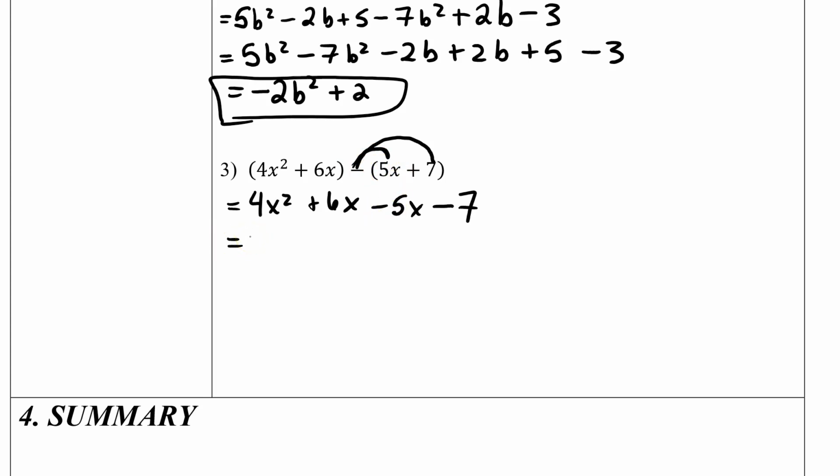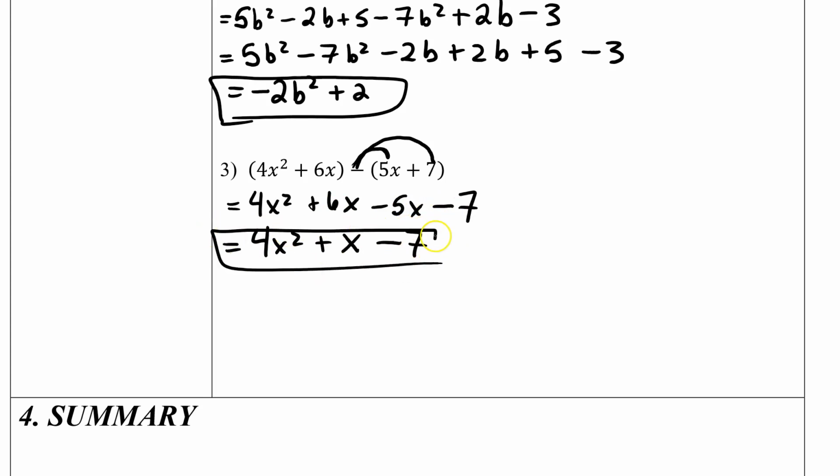I'm going to rewrite. Actually, let's just pay attention here. There are no other x squared terms, and the two x terms are right beside each other. So let's not do that rewrite because we don't need to. So 4x squared, 6x minus 5x is going to be plus x minus 7, and we're done.